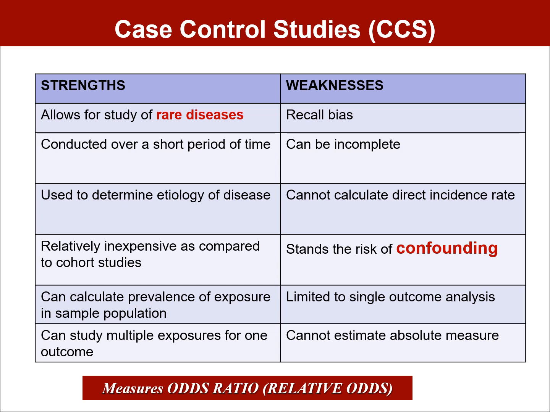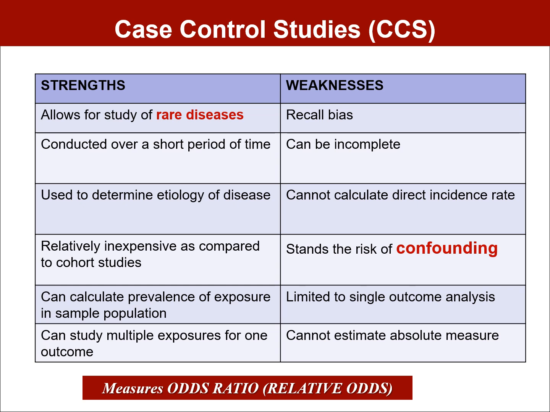And number two, and the last point I want to make as well, is that you're unable to estimate absolute measures. So remember I said for measures of association in epidemiology, we have relative and absolute measures. Relative measures include odds ratio and relative risk, and absolute measures would include attributable risk and things like that. And if you remember, the formula for attributable risk involves computing incidence.